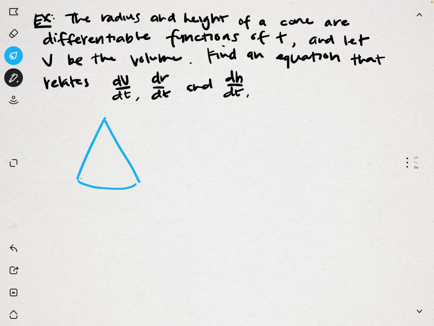The thing about cones though is whereas with spheres we just had the radius, and we could determine the volume by the radius, for a cone, we need to know the height and the radius, and this is going to come into play next time when we do conical water tank stuff. But our volume for a cone is going to be 1/3 pi r squared h.